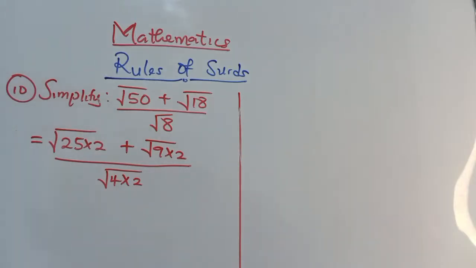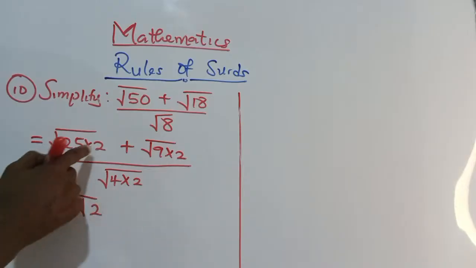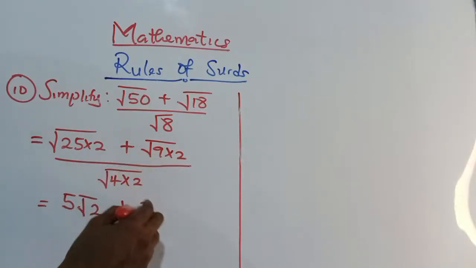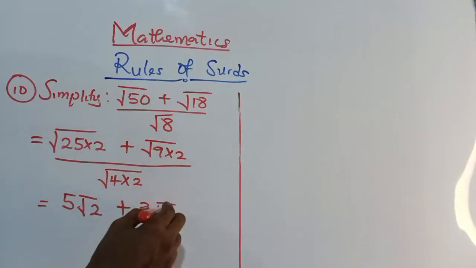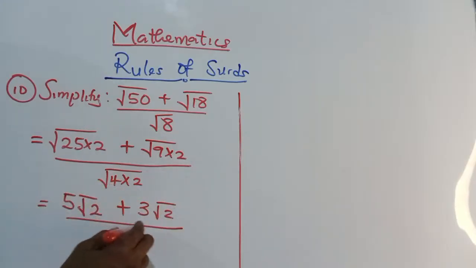Okay, so since each of them has a perfect square number, we can easily find their square root. So what is square root of 25? It is 5. So we have 5 root 2 plus, what is square root of 9 is 3, and we have that root 2 over, what, square root of 4 is 2, and we have that root 2.